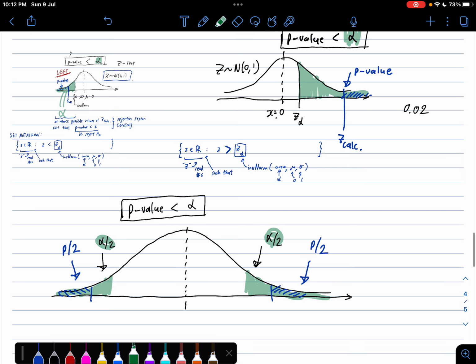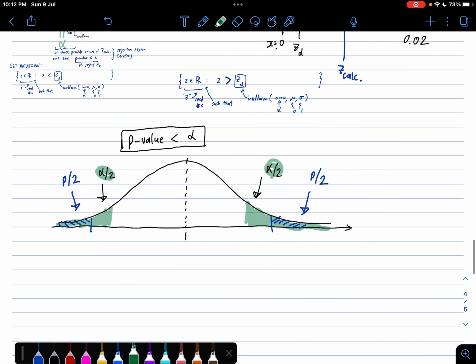So how do you describe this using neat notation? Your z calculated can be here, or it can be there. Then this black line is your z alpha. So how do you describe all this region towards the left and towards the right?